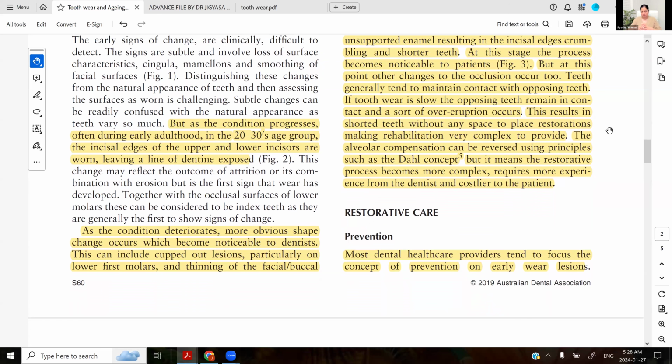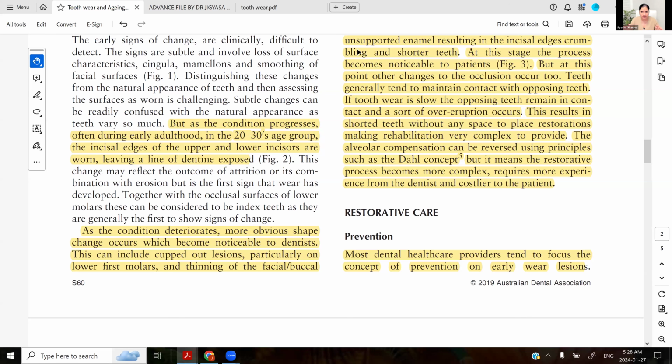So again, I need you to understand the two categories. The wear can be slow and the wear can be rapid. Remember these two ways the wear spreads, and that will show in effect how the teeth present in the mouth. Rapid versus slow.